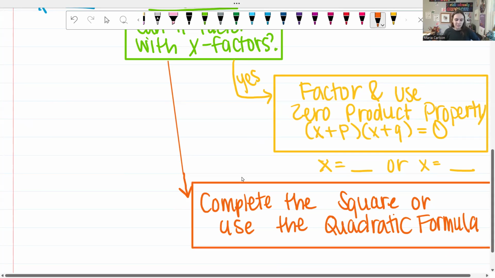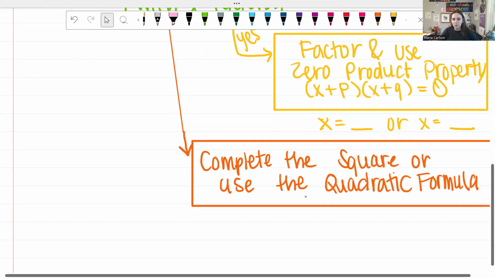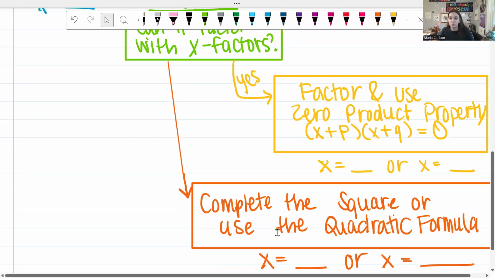All right. And once you do that, then you will get your solutions, right? x is equal to something or x is equal to something, right? When you complete the square or use the quadratic formula. Or you might get that there's no solutions.